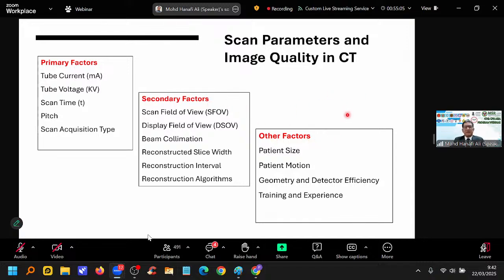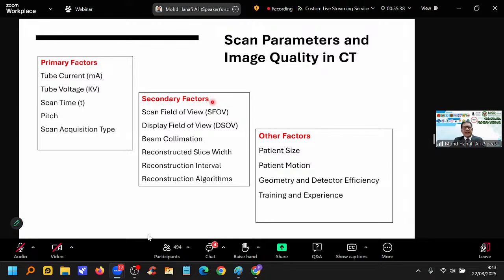This is available everywhere in journals, articles, or textbooks. The primary factors that a radiographer can normally play around with are tube current, mA, tube voltage, scan time, pitch, and scan acquisition type. This is whether we are doing axial or helical. That's what we mean by acquisition type.